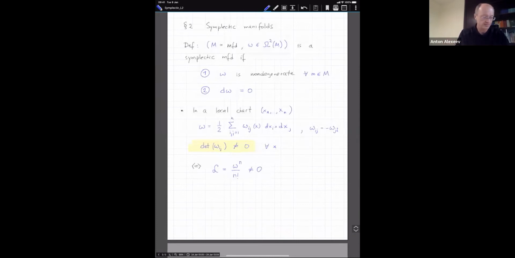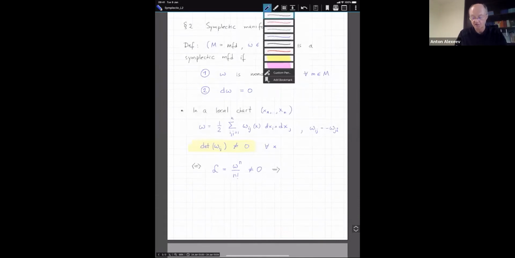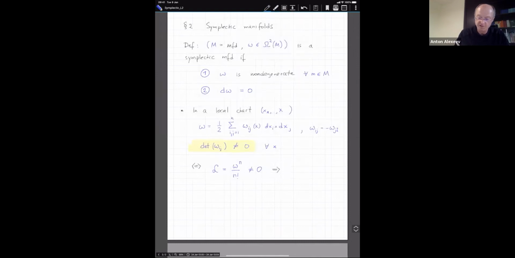So there are consequences of this fact, right? Since you have a form, there is one small thing that I think I should change. Let me say here 2n instead of n, right? We know that those symplectic manifolds should be of even dimension.